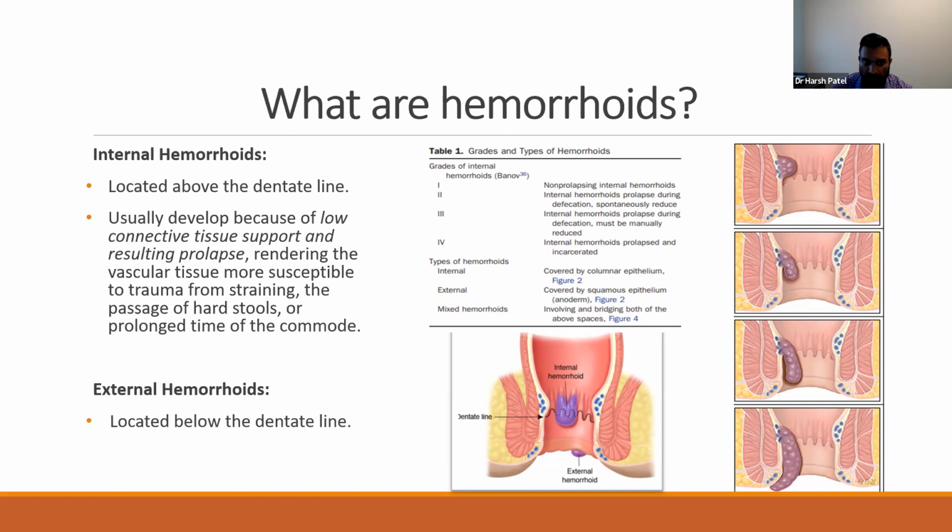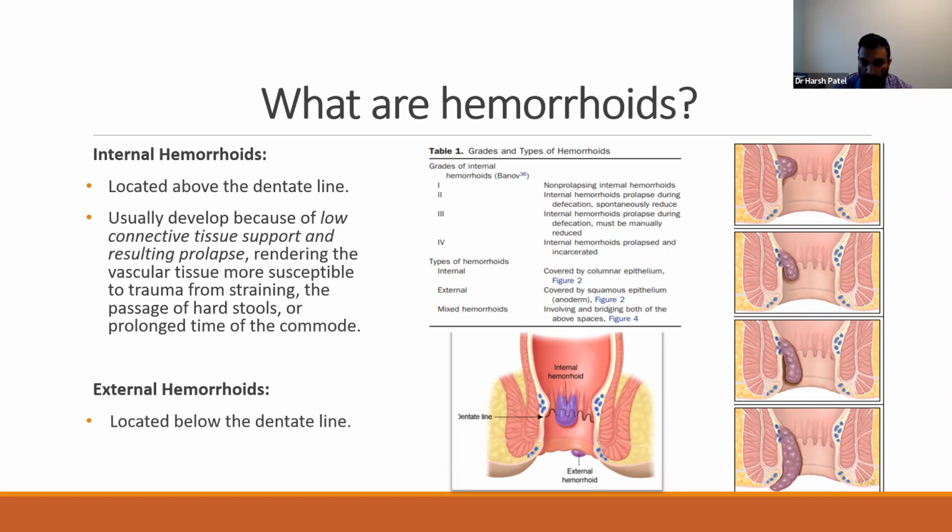Going back to that, we can grade internal hemorrhoids based on the amount of prolapse. So this image on the right here is a good depiction of that. As you can see, grade 1 hemorrhoids are really just located above the dentate line. And as you increase in the grade, you can see more prolapse of the hemorrhoids.